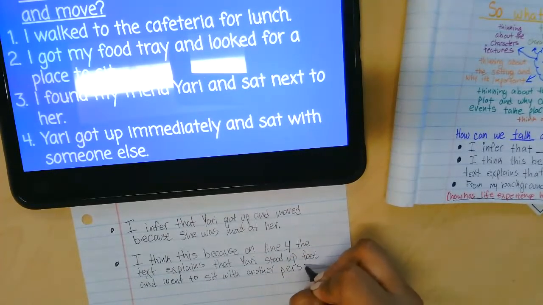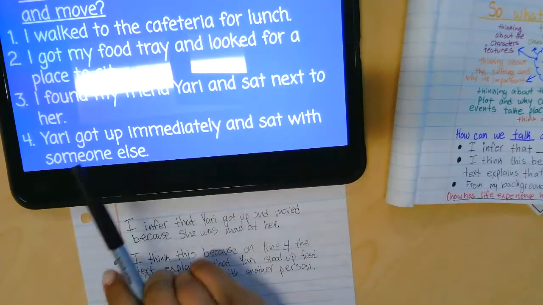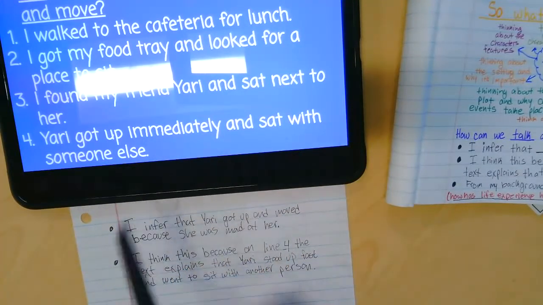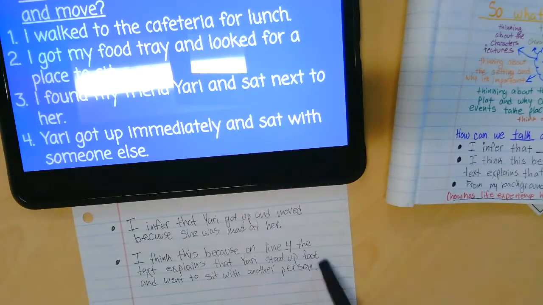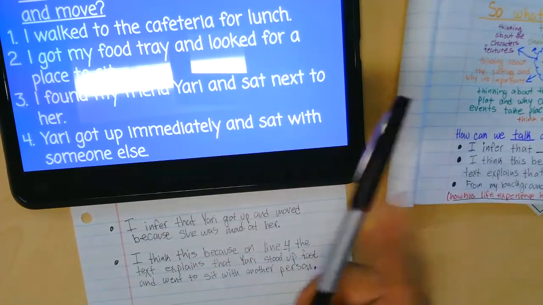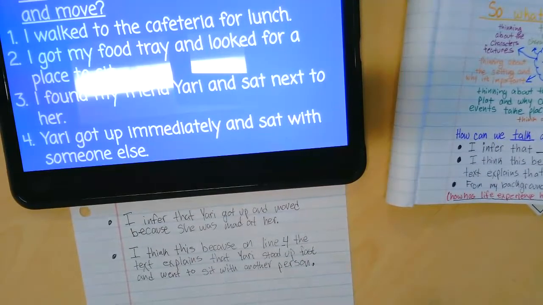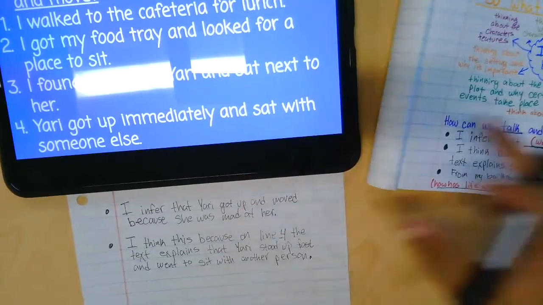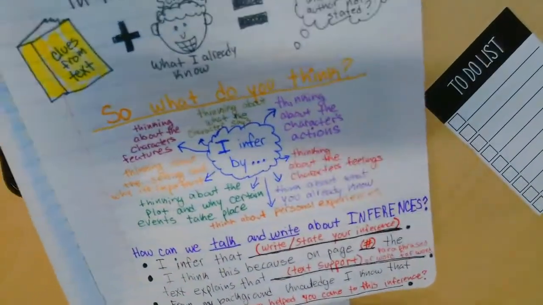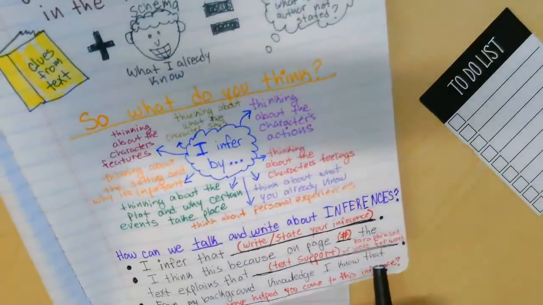Because it's not word for word what it says here. Yadi got up immediately and sat with someone else. I just wrote it in my own words. Okay? I wrote what line 4 says in my own words. Or you can write it word for word. Okay?